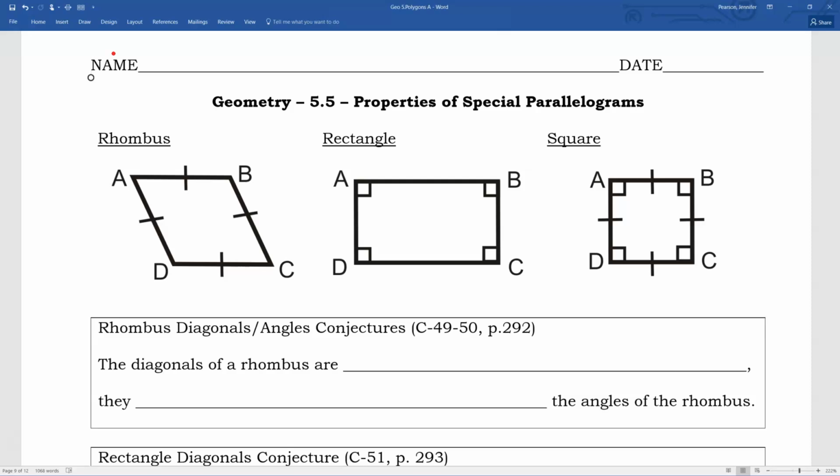Rhombuses. The diagonals of a rhombus are blank, and they blank the angles of a rhombus. The diagonals of a rhombus are perpendicular. Remember, that means that they intersect at 90 degrees.